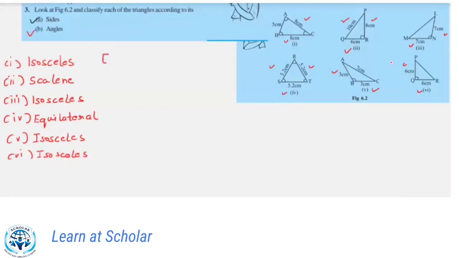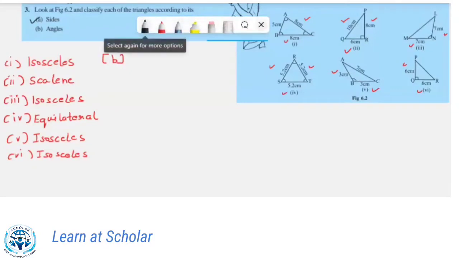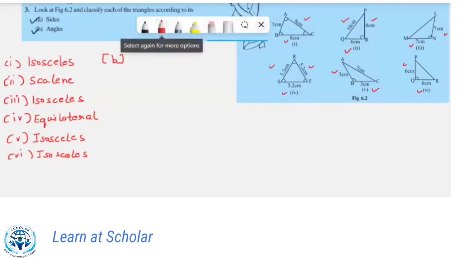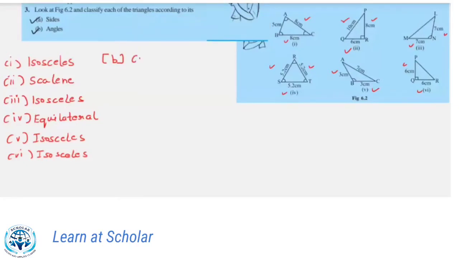Now the classification based on angles. The first one is acute angled triangle because the angles are less than 90 degree.